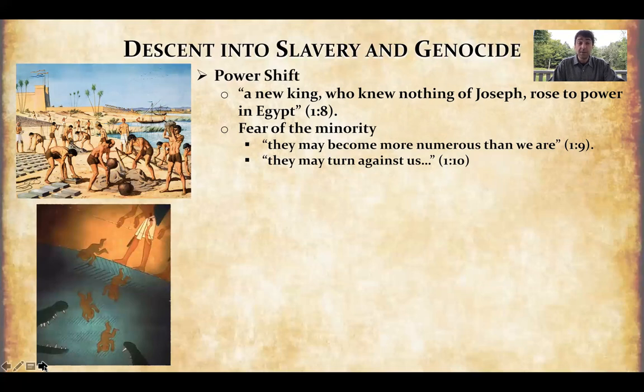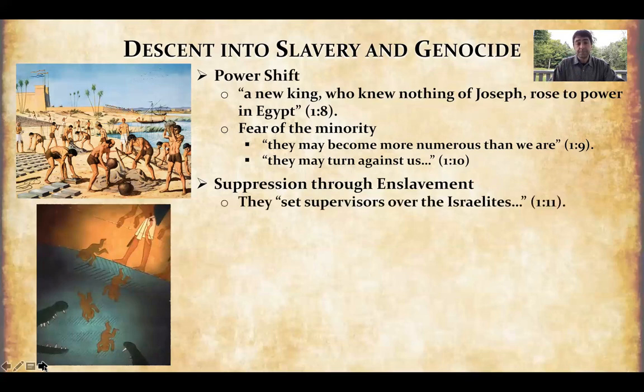The source of this fear might be related to the fact that the Egyptian monarchy was toppled once before, which allowed the Israelites to come into the land. Okay, this fear eventually bears fruit in oppression and violence. So first, they set supervisors over the Israelites, so they really try to take control of the community.